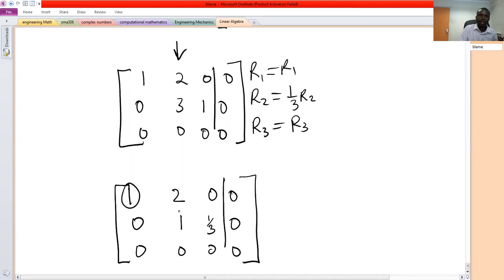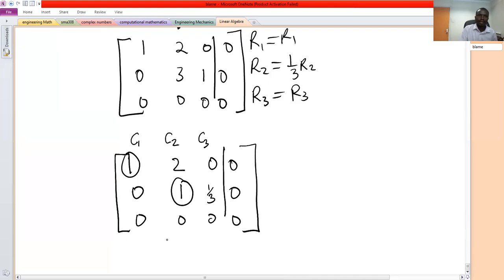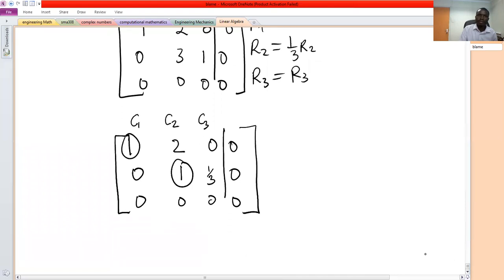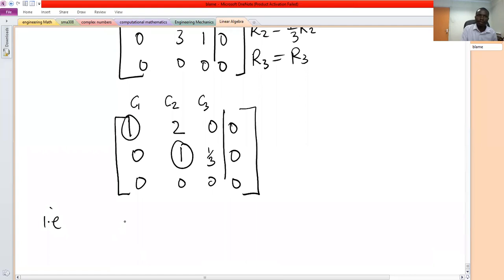So this is 1, this is 1. Remember, this corresponds to C1, this C2, this C3. So it means that C3 is a free variable. So from this one, we have the system C1 plus 2C2 equals to 0, and C2 plus a third C3 equals to 0.